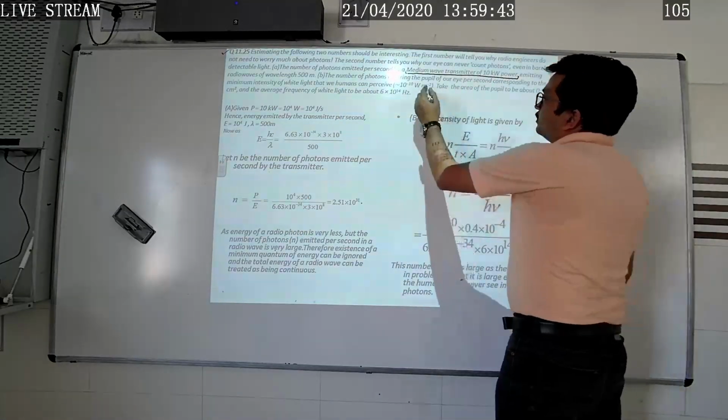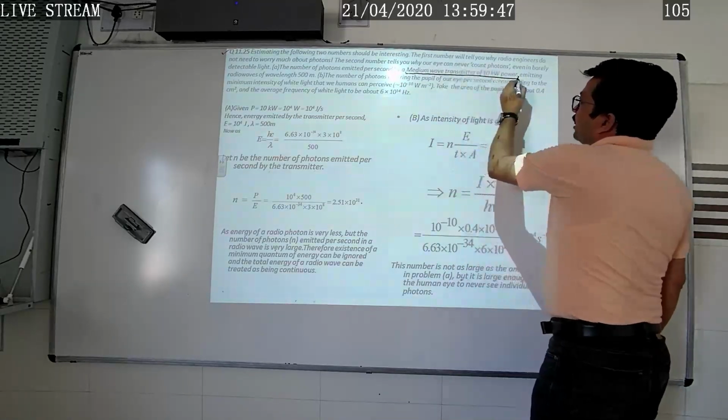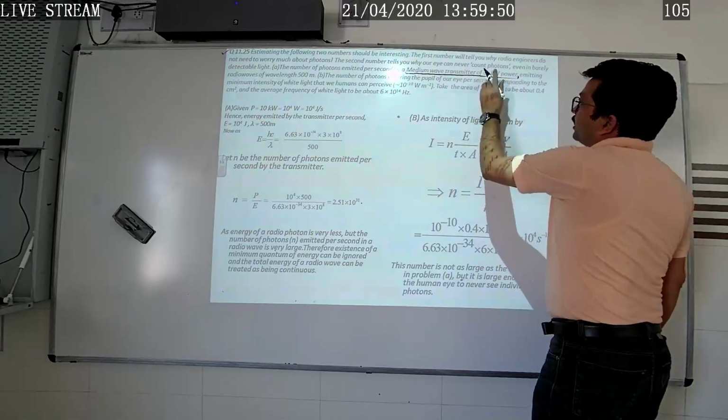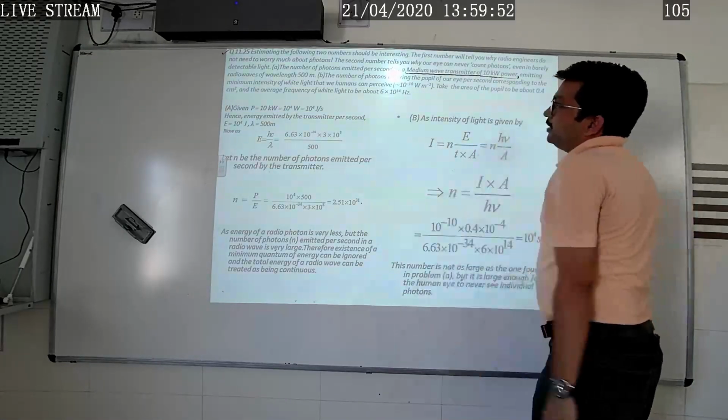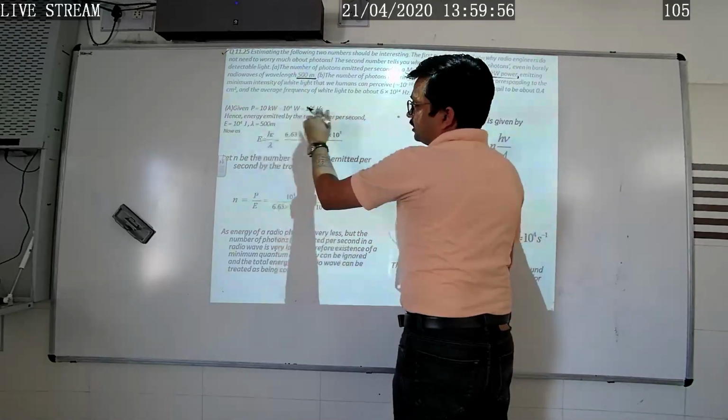So the radio waves are emitted in this medium wave band, and that transmitter has a power of 10 kilowatt, emitting radio waves of wavelength 500 meter. So here is the first part.